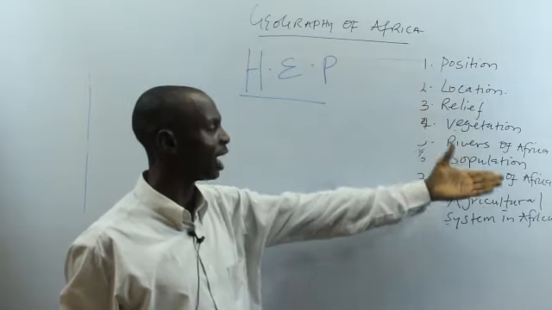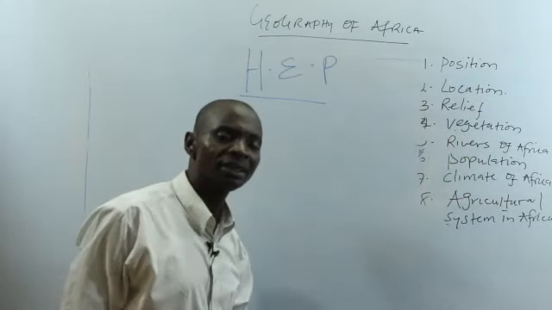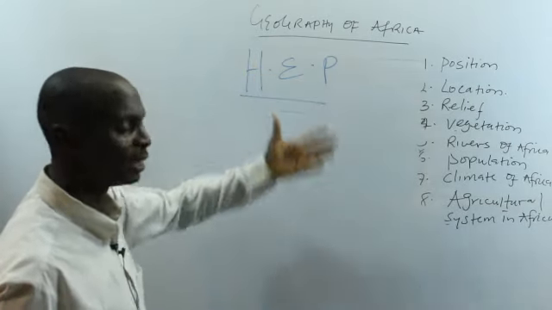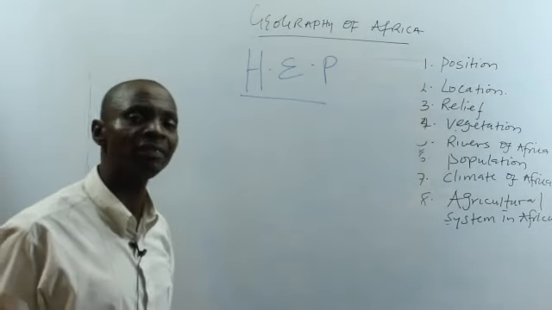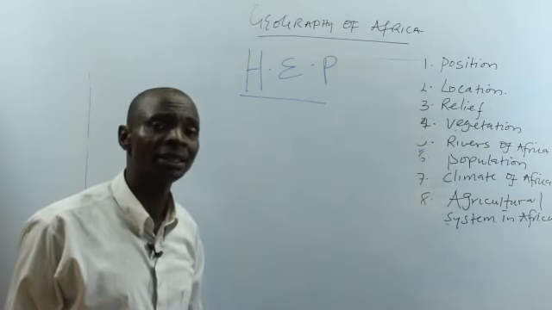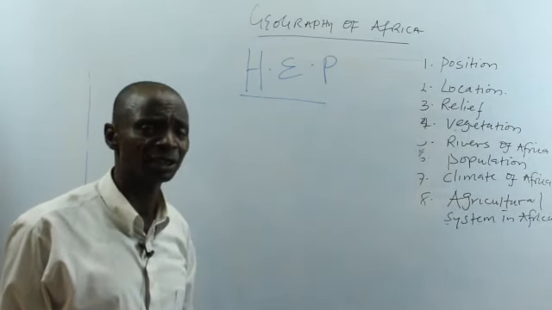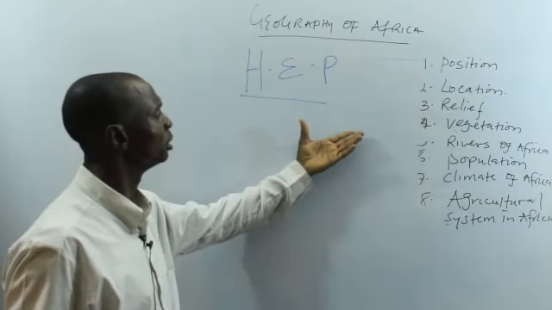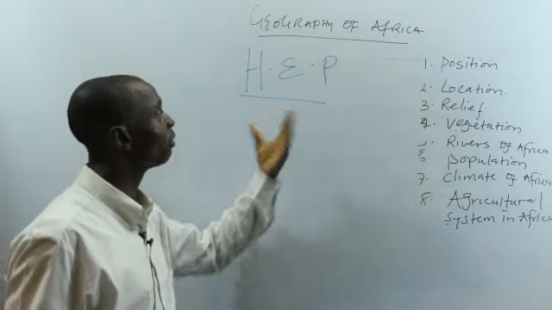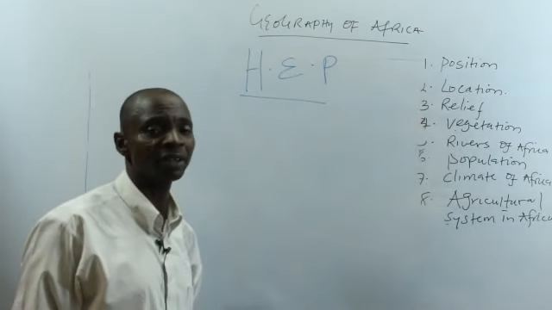And since Africa has enough relief and also rivers, it is believed that this type of electricity should be fully developed on the continent of Africa. But surprisingly, the opposite is the case. We have good conditions that favor the generation of hydroelectric power in Africa.